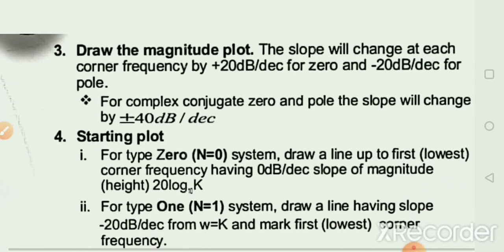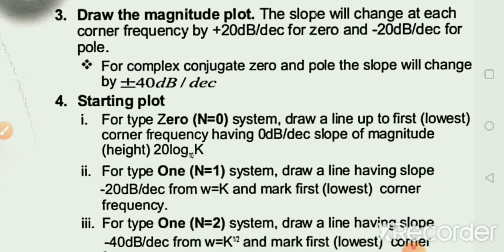Now the third step is to draw the magnitude plot. The slope will change at each corner frequency. The first slope starts and continues up to the first corner frequency. At the first corner frequency the second slope starts and goes to the second corner frequency, where it stops, and the third slope starts from the second corner frequency and so on.